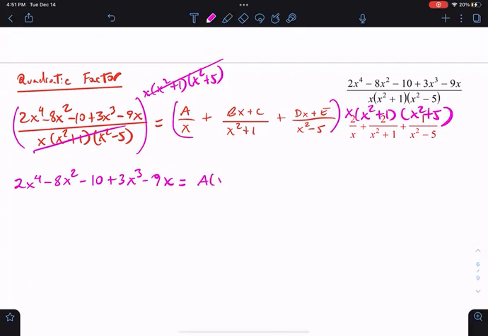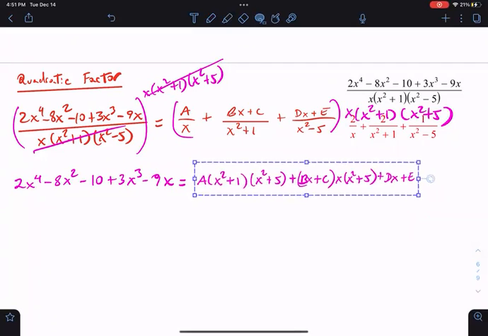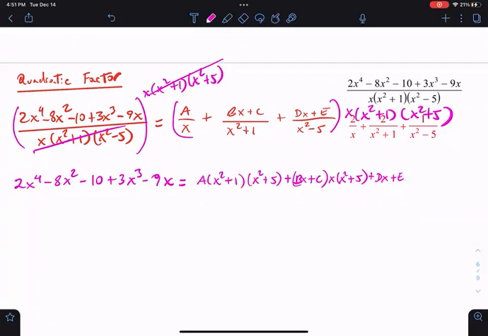So this is going to be ax squared plus 1, x squared plus 5 plus bx plus c multiplied by these things, so you get x squared plus 5, and then we have dx plus e. Let me make this smaller because it's not gonna fit. Dx plus e multiplying by this x squared minus 5 here, right?